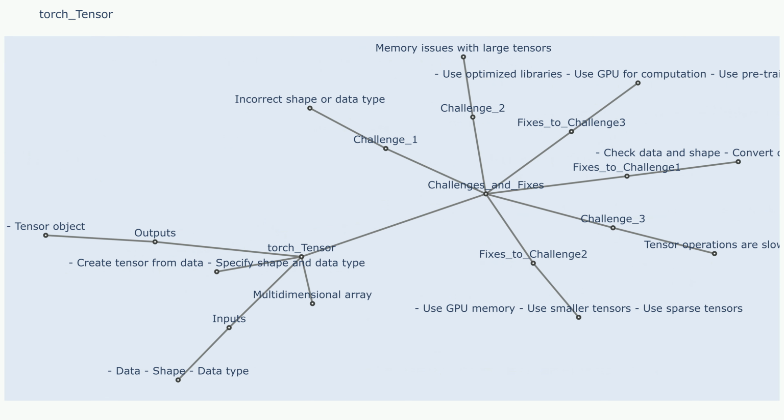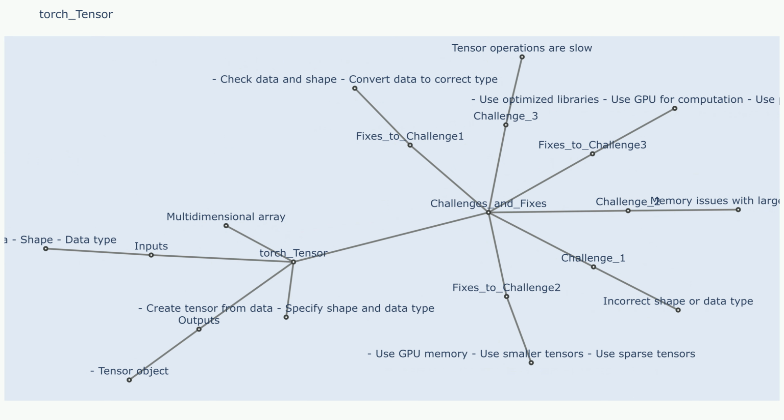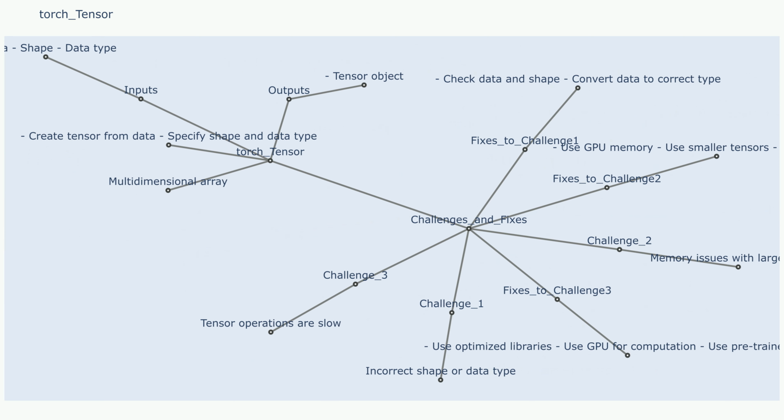Shape: the dimensions of the tensor, defining the number of elements along each axis. Data type: the type of data stored in the tensor, e.g. float32, int64. Outputs: tensor object. The PyTorch tensor object containing the provided data, shape, and data type.